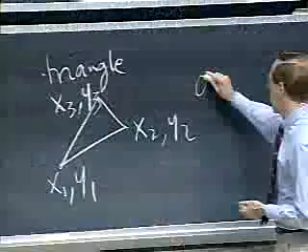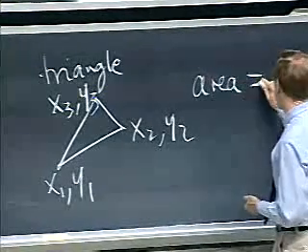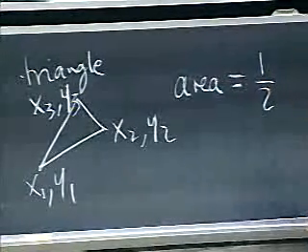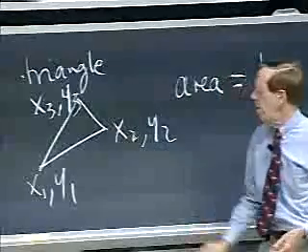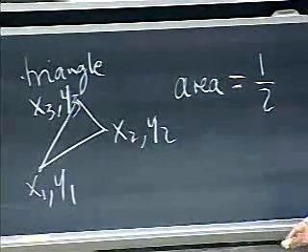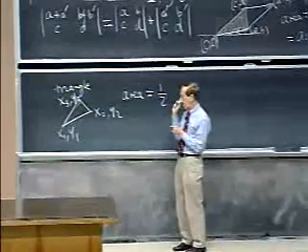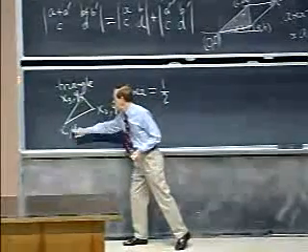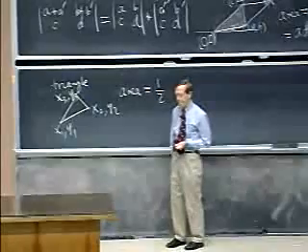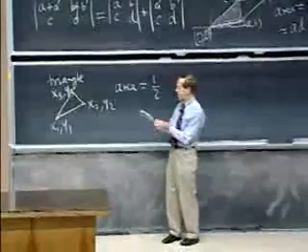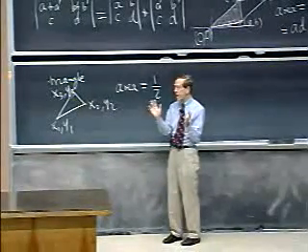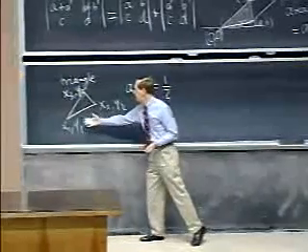And what's the formula? The area is going to be half of a parallelogram. Basically, this can't be completely new, right? We know the area when this is 0, 0. Now we just want to lift our sights slightly and get the area in general.